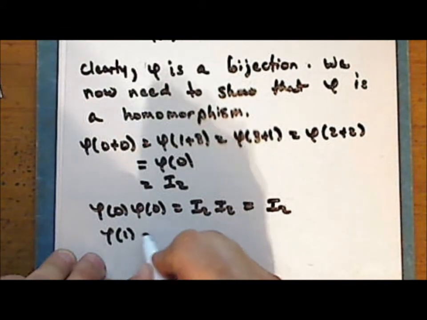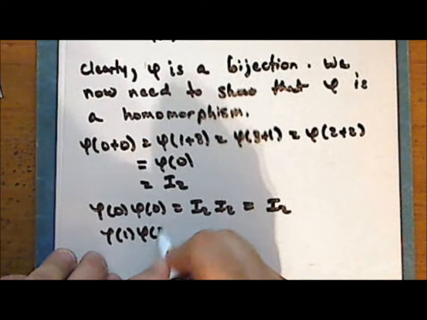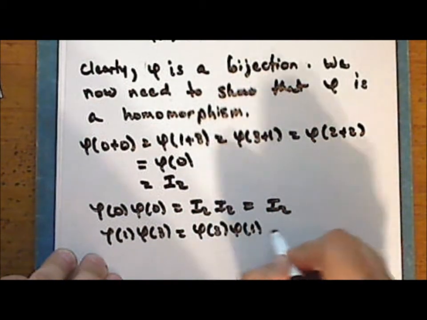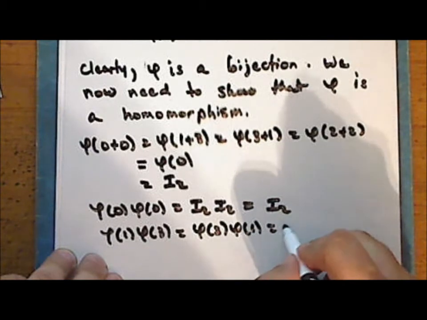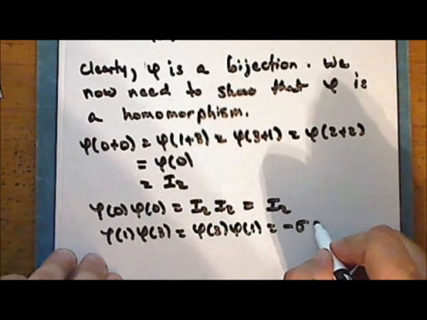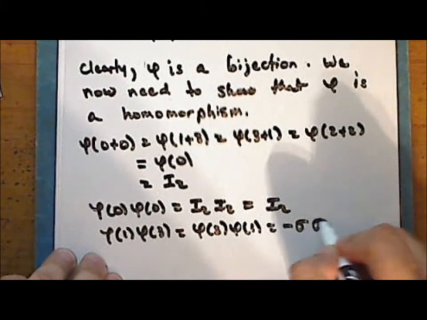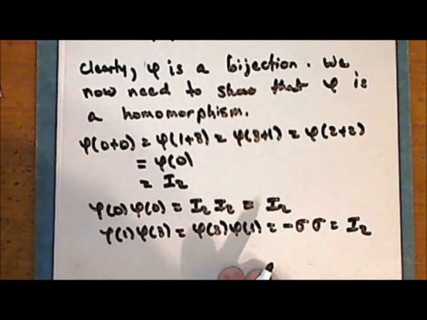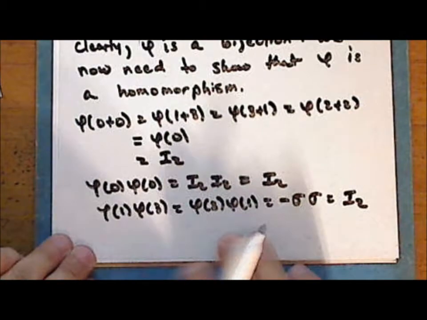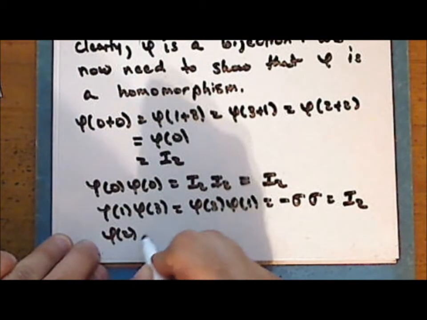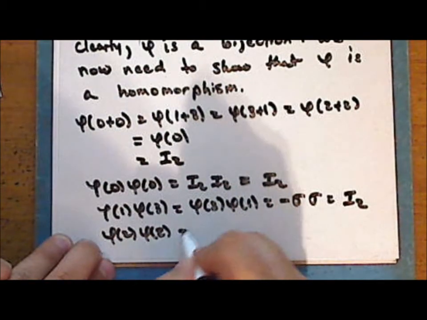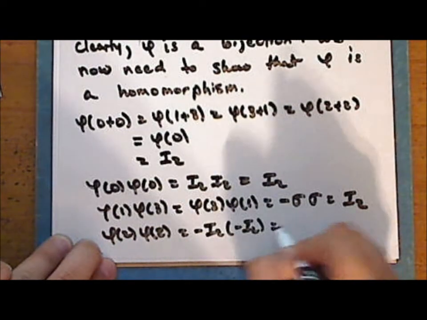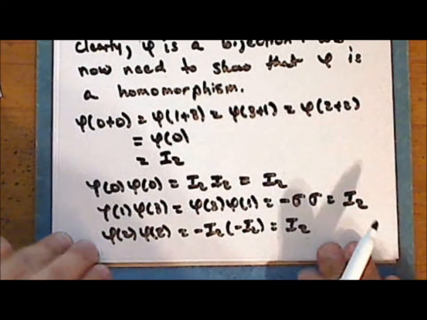Phi of 1 times phi of 3 is the same as phi of 3 times phi of 1, and this is negative sigma times sigma, which is identity. And phi of 2 times phi of 2 is negative identity times negative identity, which is positive identity.